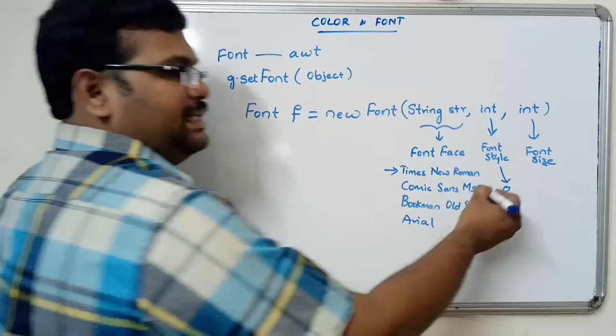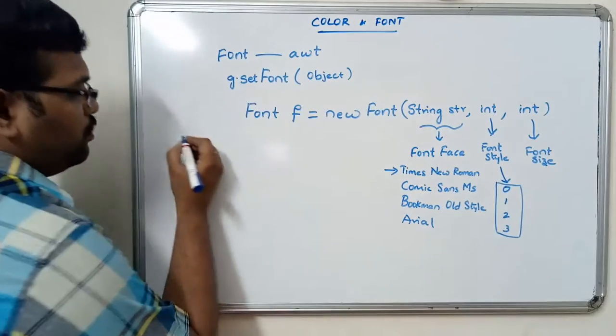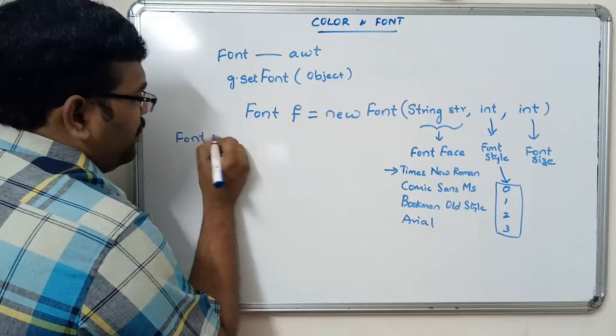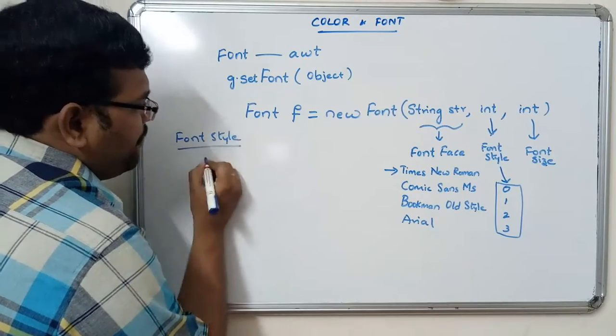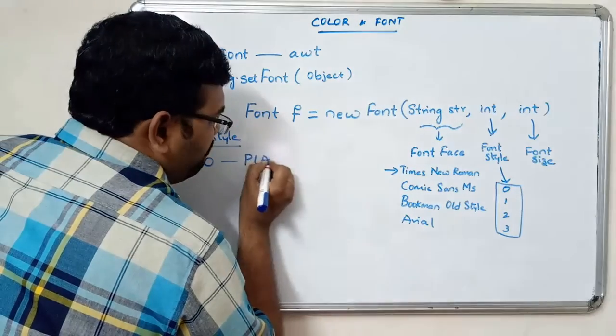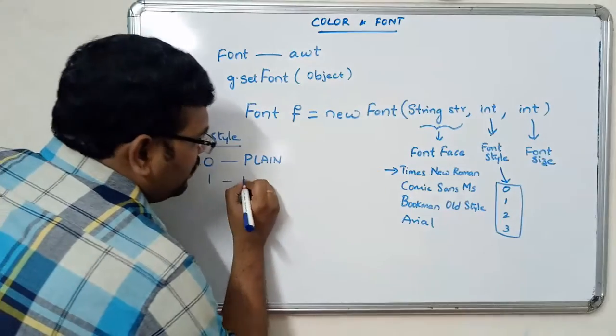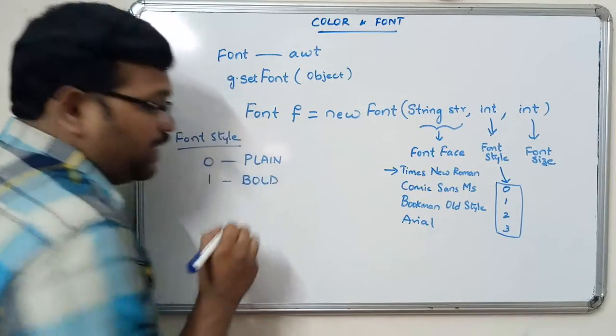The font style is any one among these four. If it is 0, the text will be plain, a normal text. If it is 1, it is a bold text. We know that.